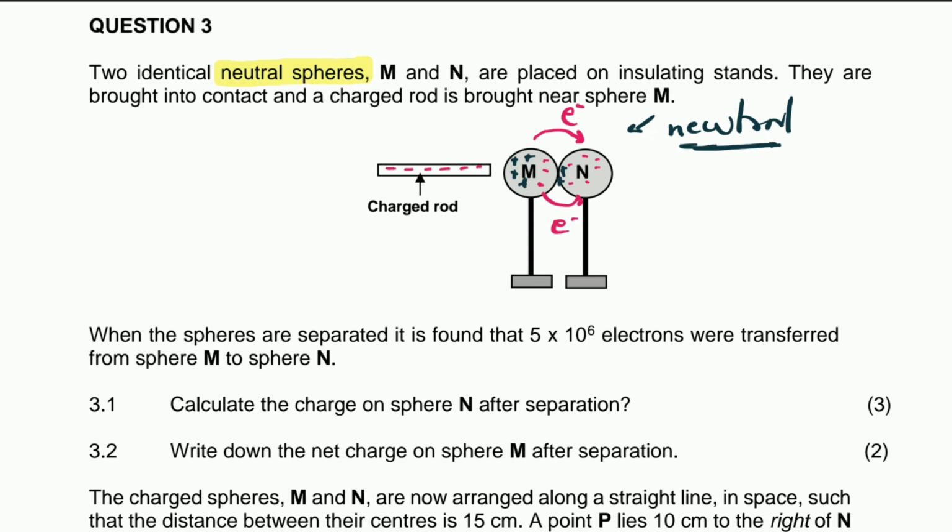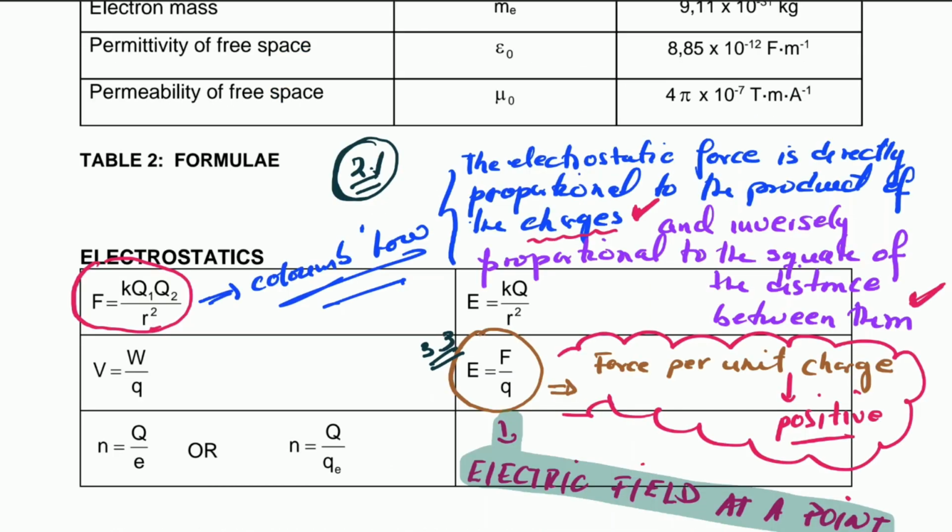Now question 3.1, calculate the charge on sphere N after separation. Now we are going to use charge quantization. We did a question like this one previously, so it's not a big issue, but let me show you what formula you have to use here. Here is the formula for charge quantization, guys. It will be given like this in the exam, so please make sure you look for it. Don't memorize formulas.